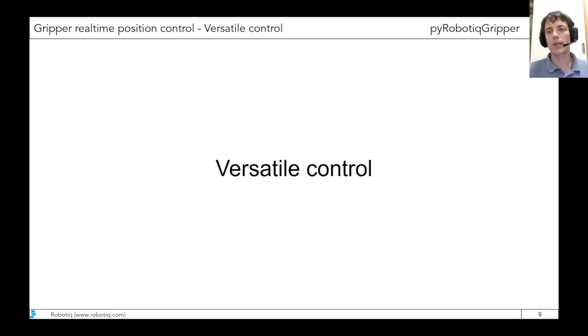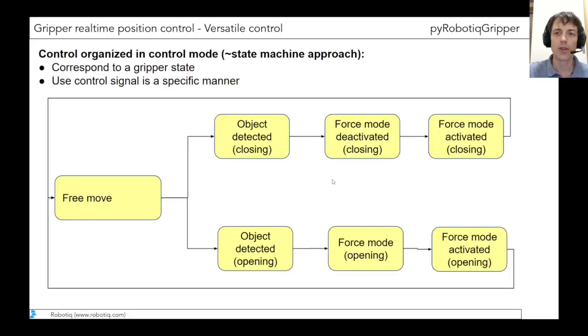So now let's speak about the versatile control. The control signal of the joystick is used in two ways. The first way is using the signal of the joystick to control the gripper in position.